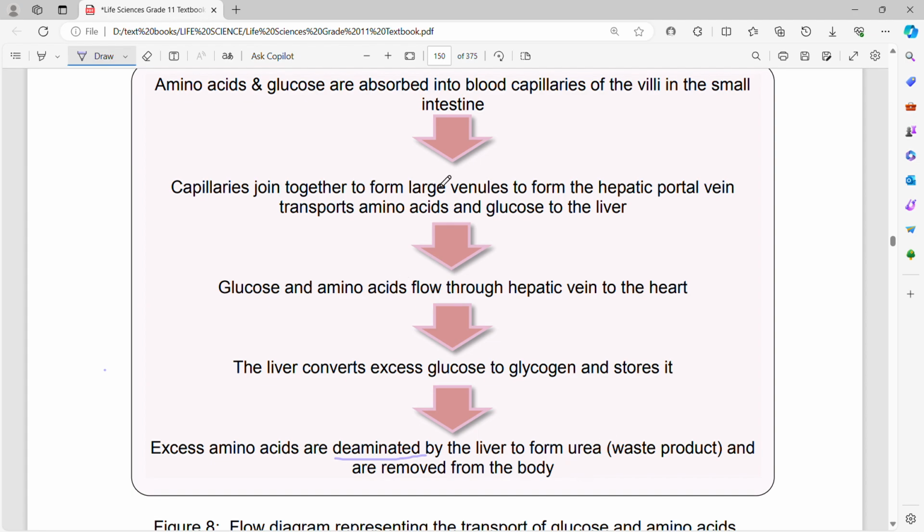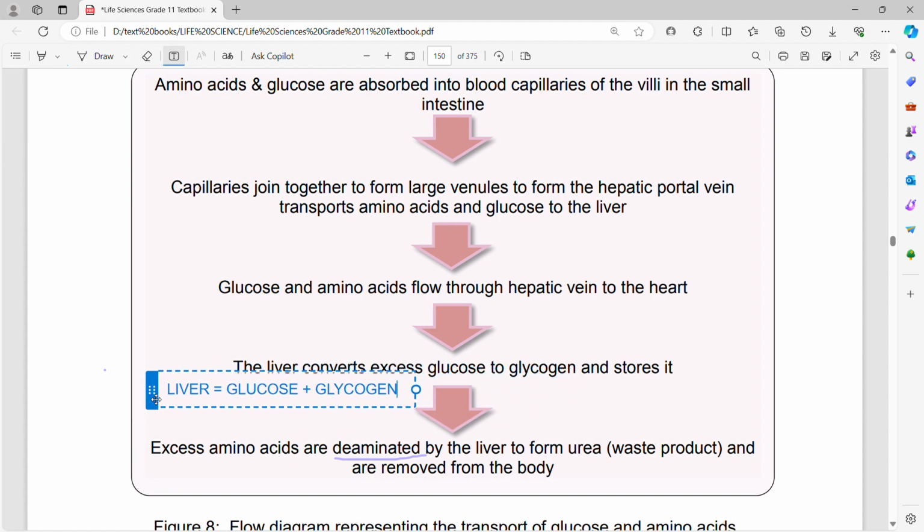Now, things to remember in this flow chart: to make it even smaller, you can say liver equals glucose plus glycogen, right?